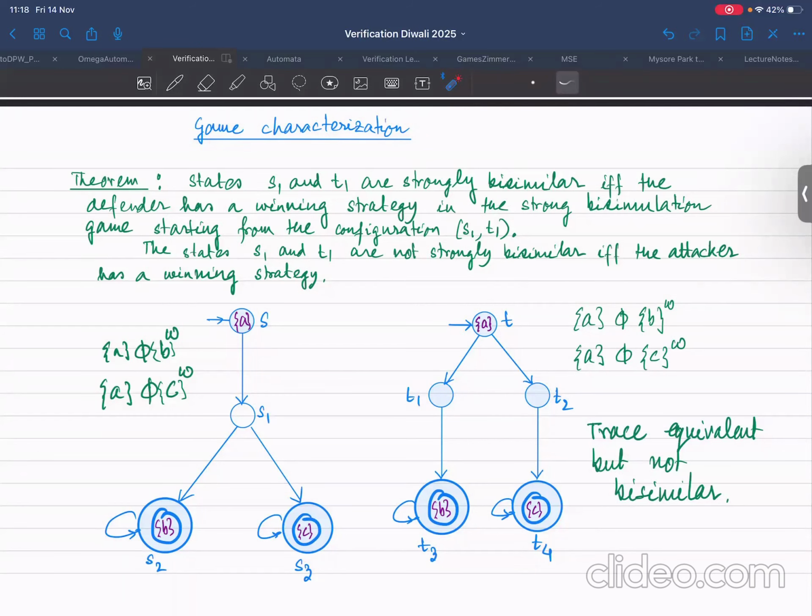If they satisfy the same set of CTL formulas, then they are also bisimilar. So this is something that we'll study in the next class.